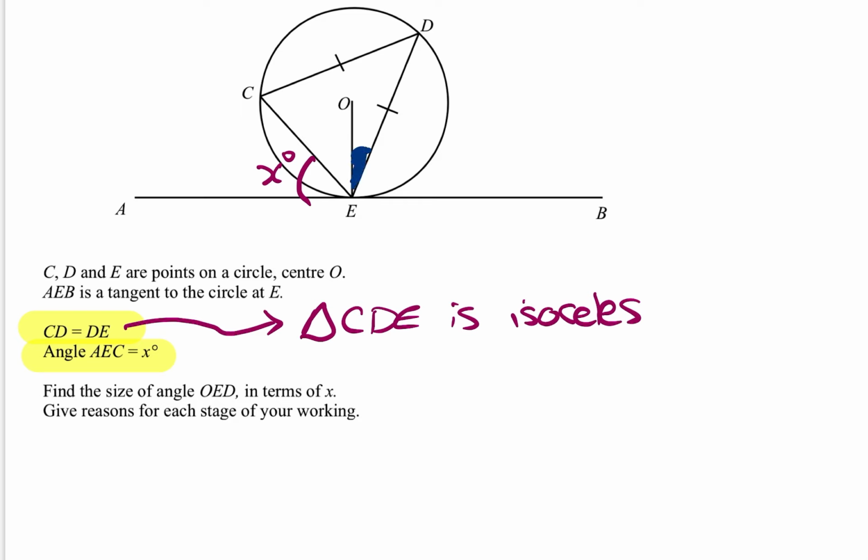So what do we know here that can help us? Well, I can think of two circle theorems that are going to help us here. Firstly, because the question mentions tangent, we're going to use the fact that a tangent meets a radius at a right angle.